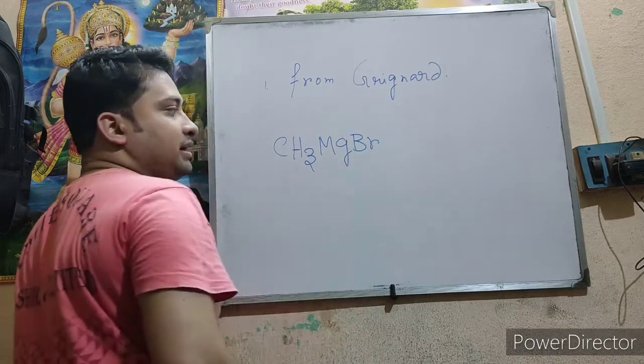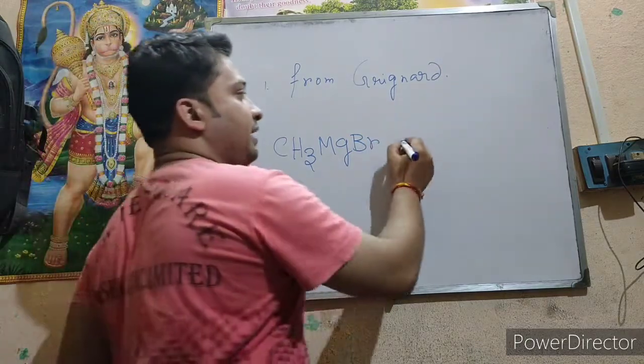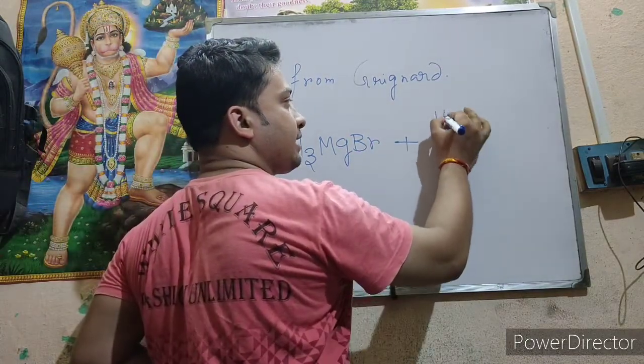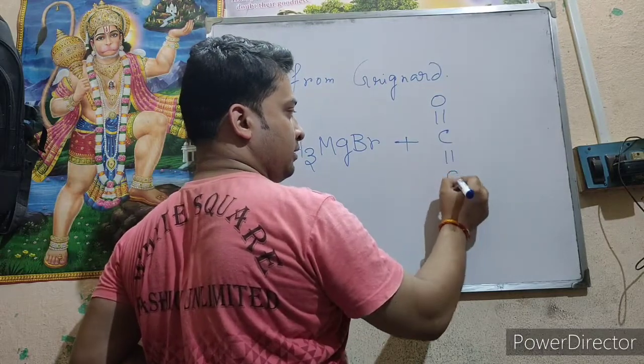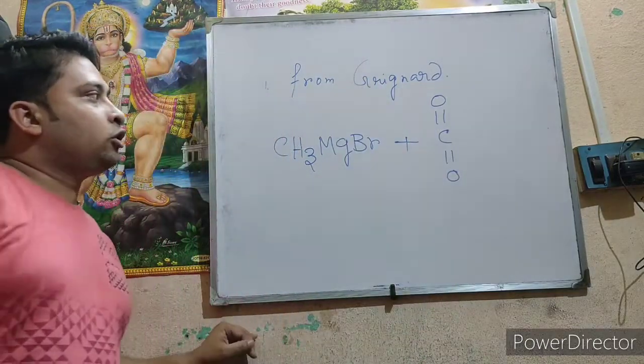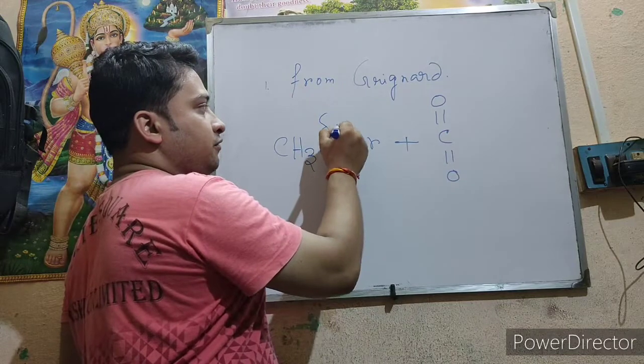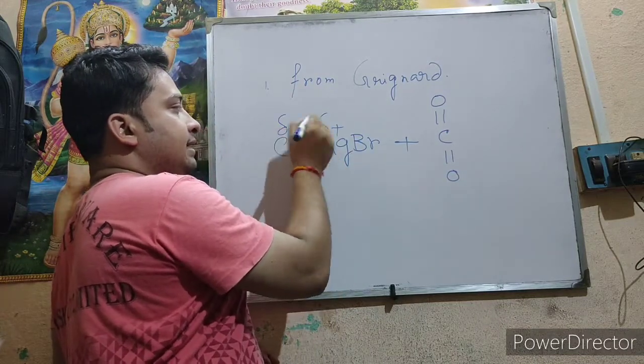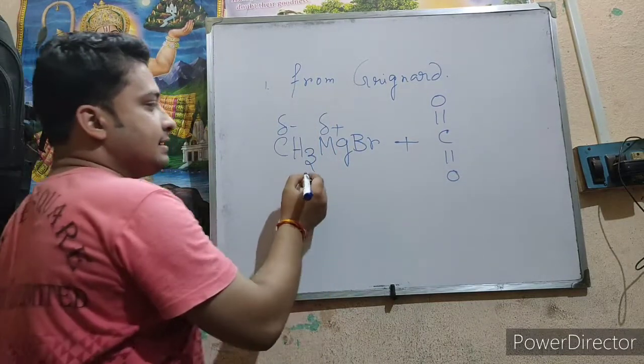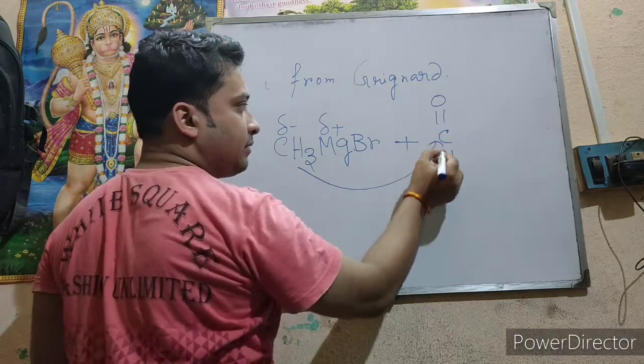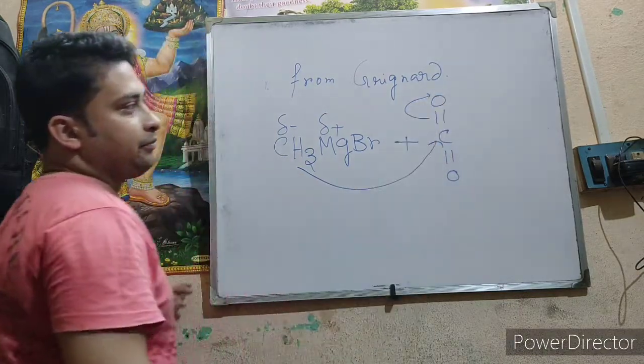This is the organometallic compound CH3MgBr, and you take this group. So this is delta positive and this is delta negative. As it is delta negative, it hits this carbon and this bond is broken.